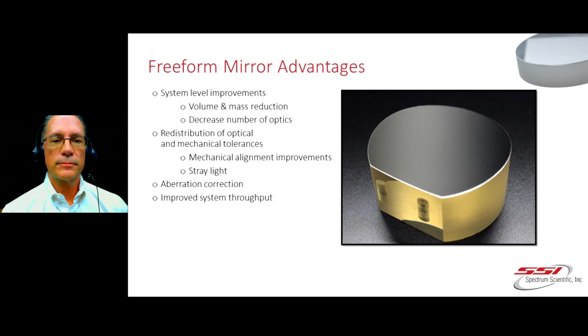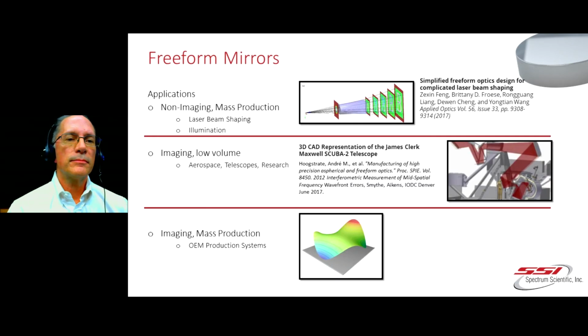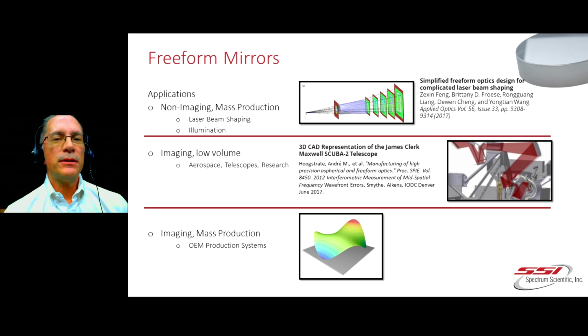So we've got a few categories here of freeform mirrors. It's interesting to note, I don't know how many people know this, I think it's kind of a fun little side note: remember the Polaroid SX70 camera from the 1970s?